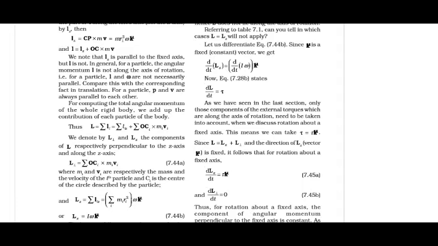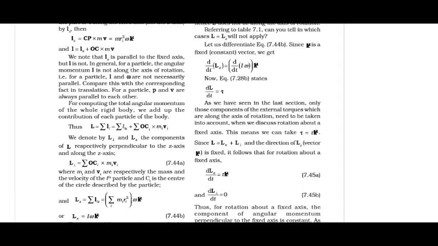For computing the total angular momentum of a whole rigid body, we add up the contribution of each particle of the body. Thus, L is equal to sigma Li, which is sigma Liz plus sigma OCi into mi vi. We denote by L perpendicular and Lz the components of L respectively perpendicular to the z-axis and along the z-axis.